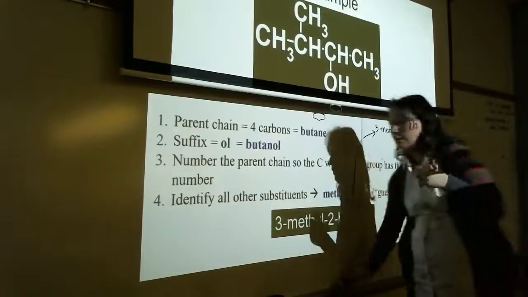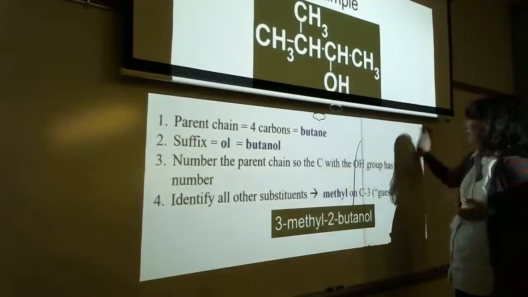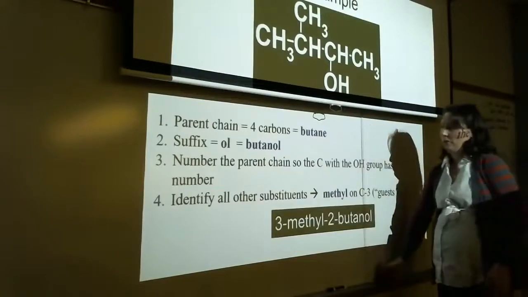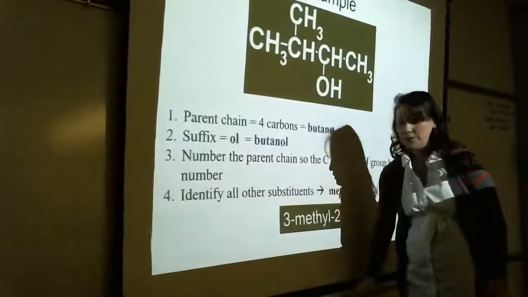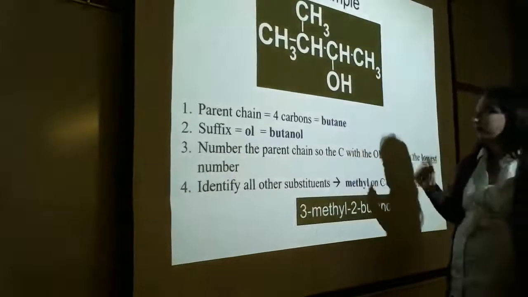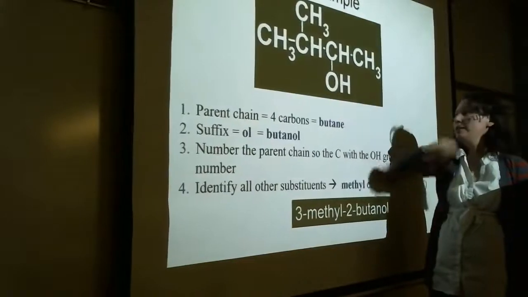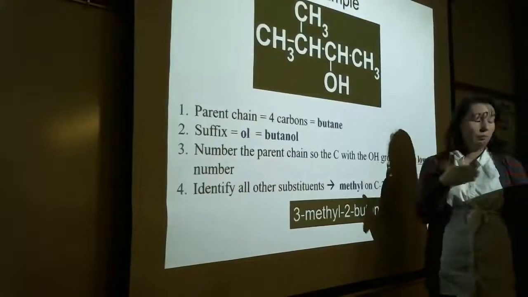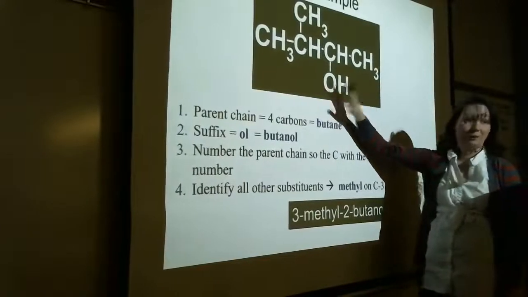Are we good on nomenclature here? If you understood amines, then alcohols are a walk in the park. Unlike with amines, where we have N-ethyl and all that good stuff, we're not going to make any modifications to the alcohol. Last week when we did amines, we talked about regular amines versus modified amines. We're not making any modifications to the alcohol, so it's really easy.